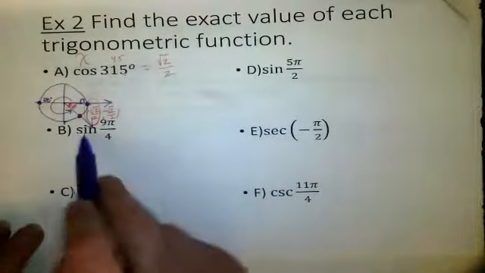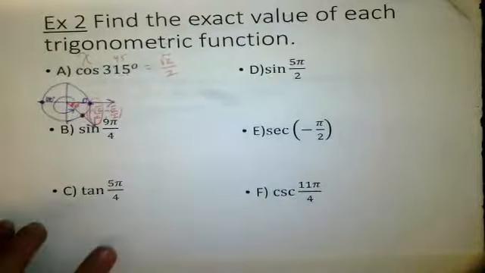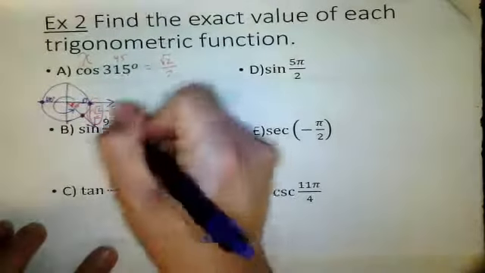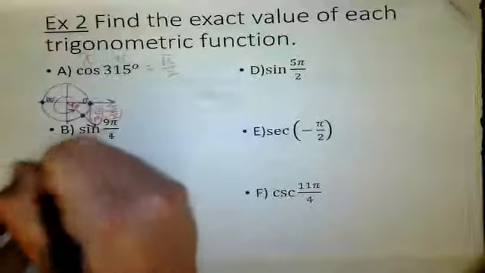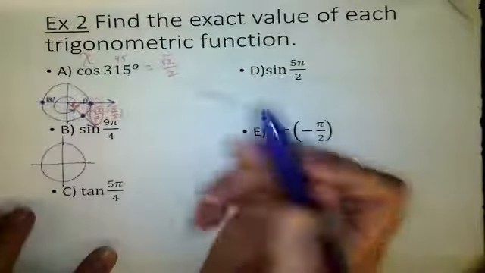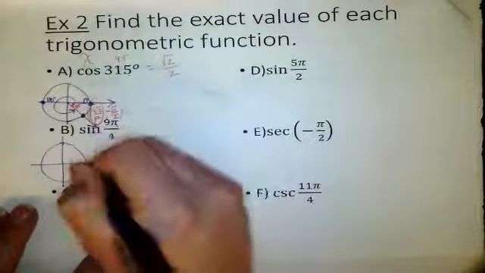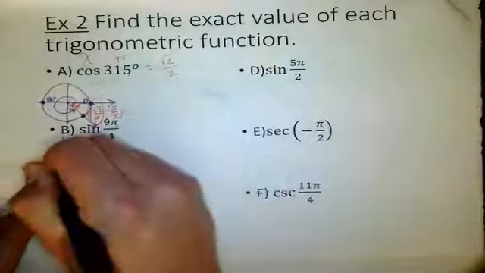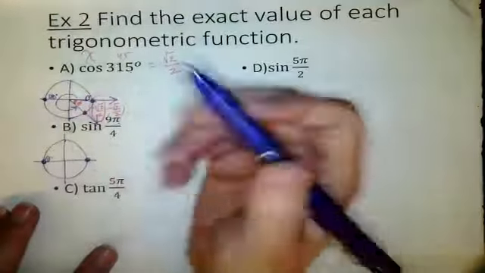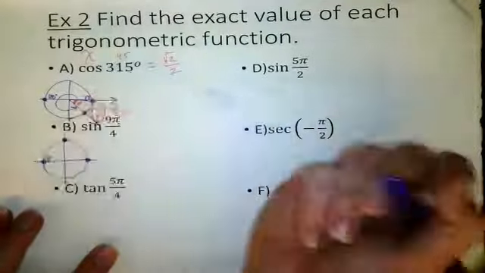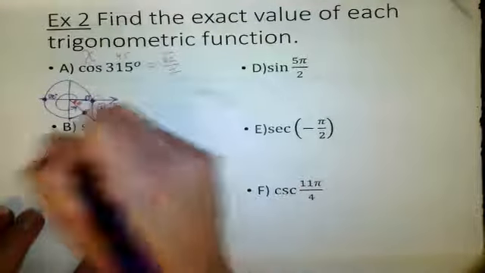All right, let's look at sine of 9 pi over 4. So I'm going to start again by drawing the angle. First, where's pi? 180. So there's pi. And what do I need to divide pi into? 4 pieces. So first I'm going to divide it into 2. And divide it again.